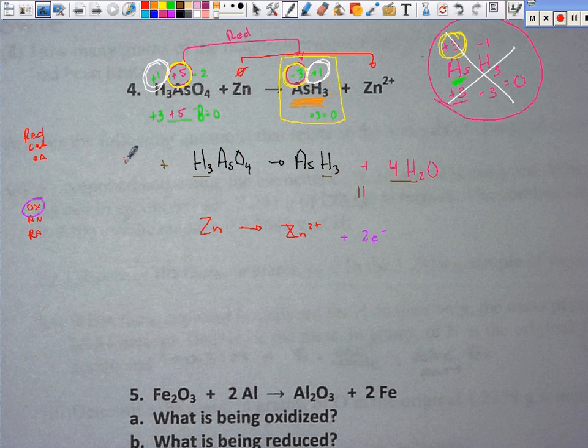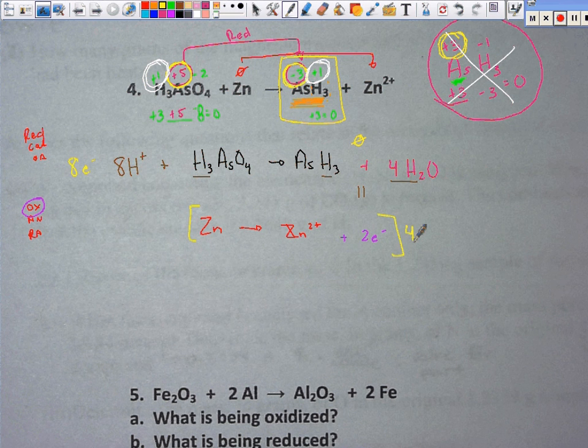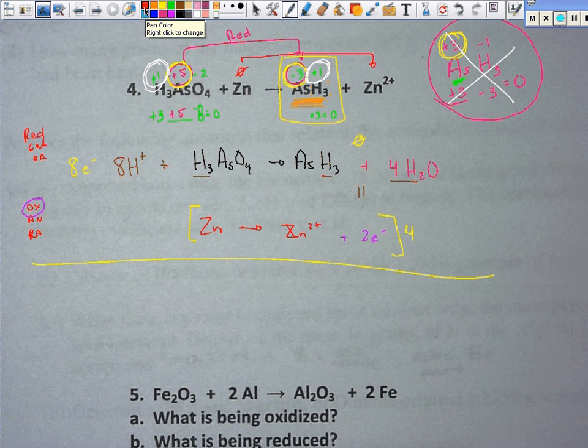Now we need to balance those electrons. So multiply the whole bottom by 4. That way it'll give me 8. And please do not forget, you got to add your half reactions. Okay? All right. So we're going to have 8 H pluses plus H3AsO4 plus Zn.